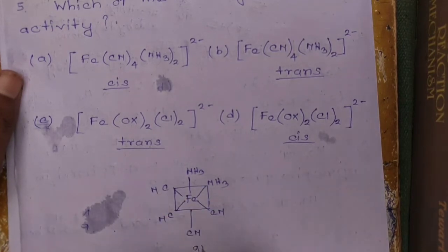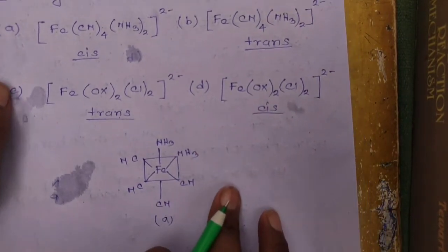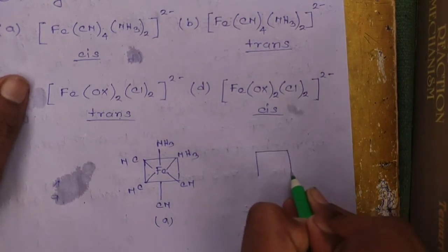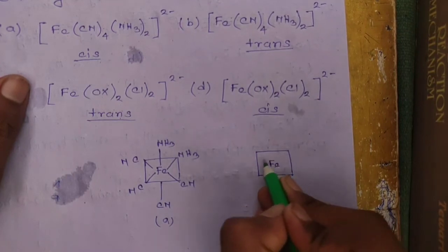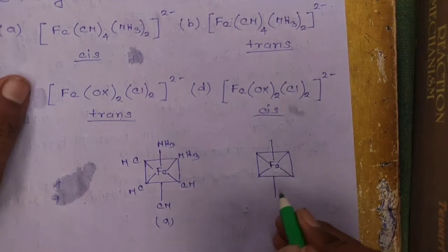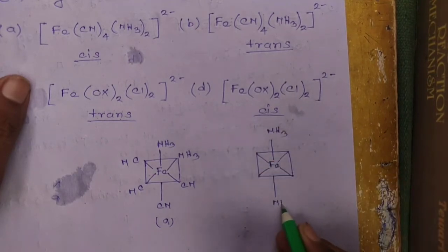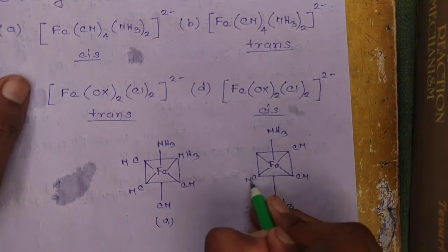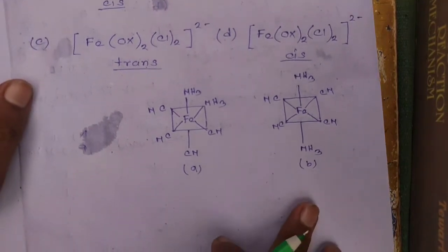It is compound A, option A. Now come to option B, trans. First of all, 2 ammonia in the axial positions and the CN in the other positions. So this is compound B, which is a trans.